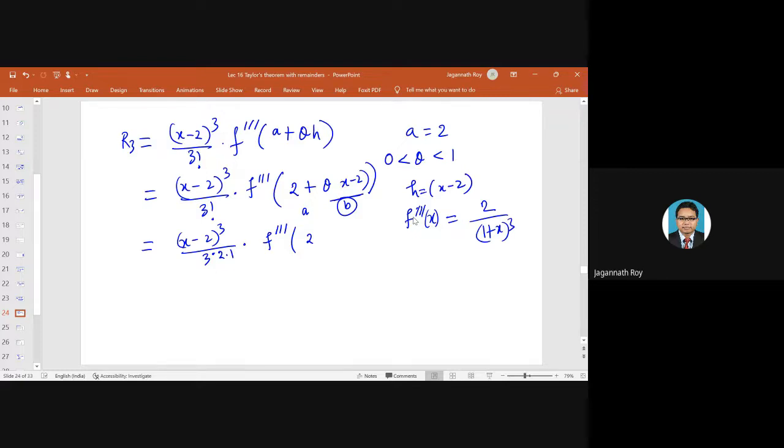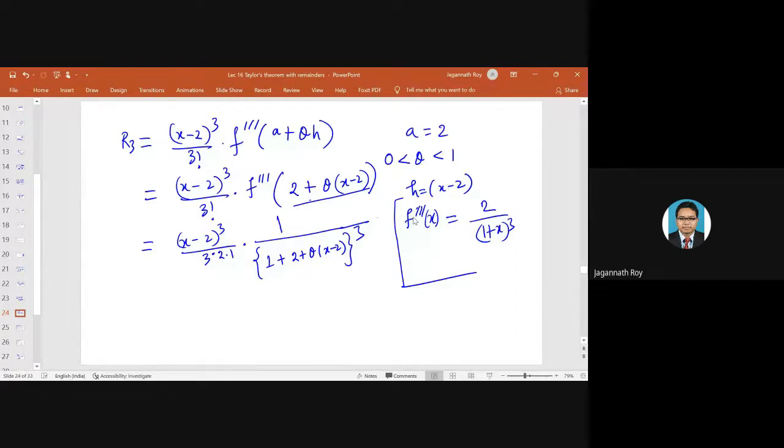So this is our x now. And we'll substitute these values. So this is 1 plus, what is x cube? X is this one, 2 plus theta times x minus 2, whole cube.